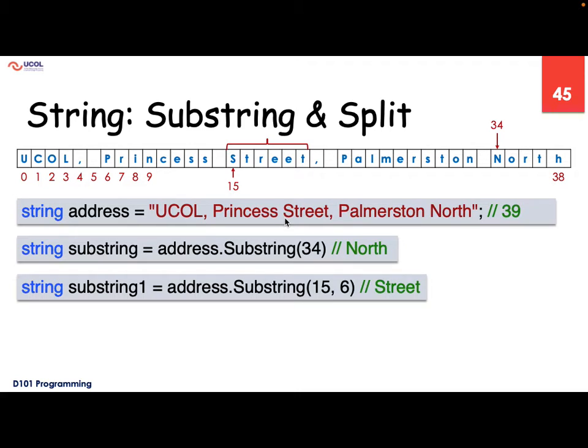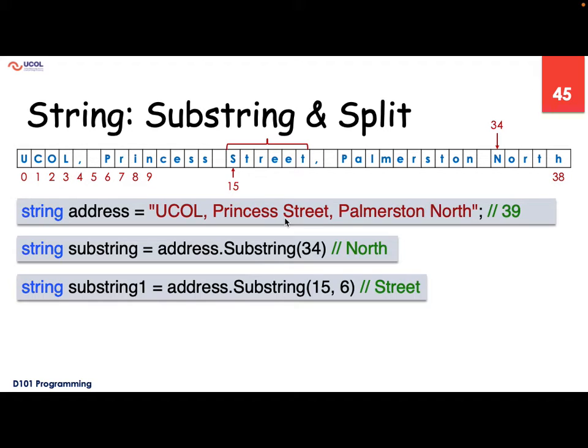We will talk about the index value more when we talk about arrays, because in arrays the first element has index value 0. So this is also a collection or array of characters. The index value starts with 0 and ends with 38, which is 1 less than the length of that string.